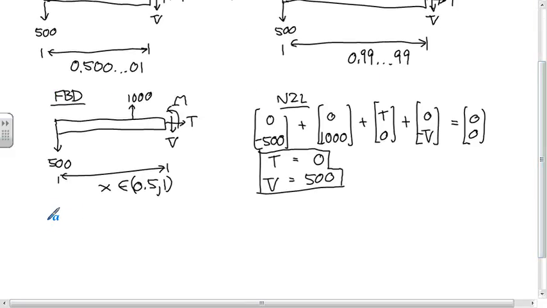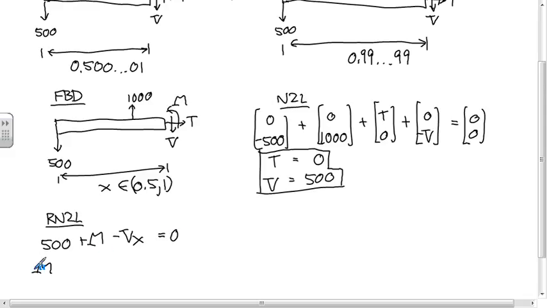And so now the rotational equation. So we have this acts at a distance of 0.5, right? That would produce a counterclockwise rotation around this about point. And so that's positive 500 plus M minus Vx is equal to 0.